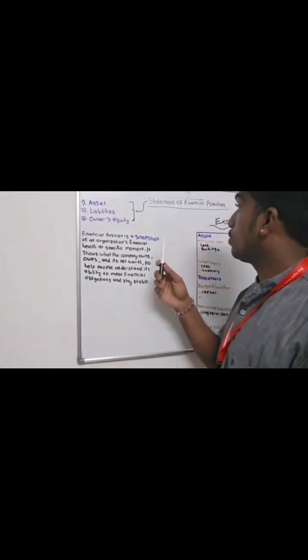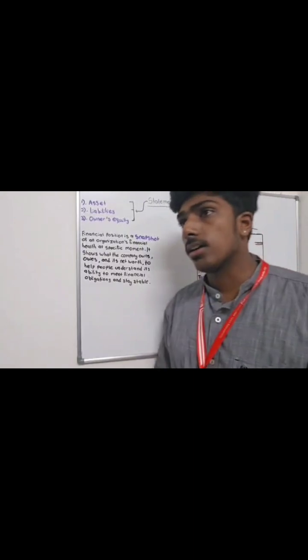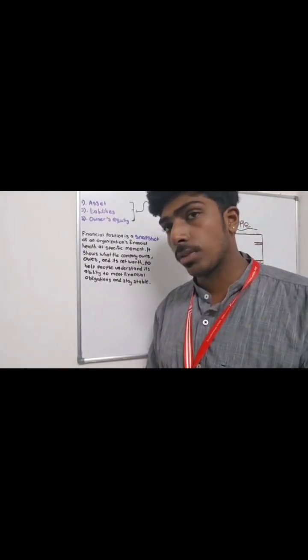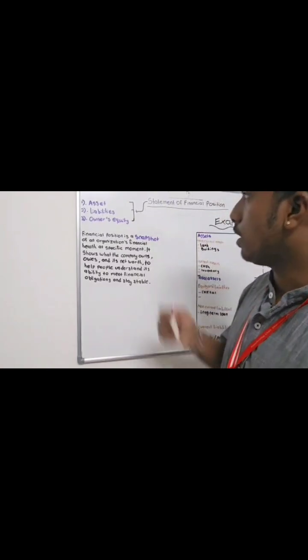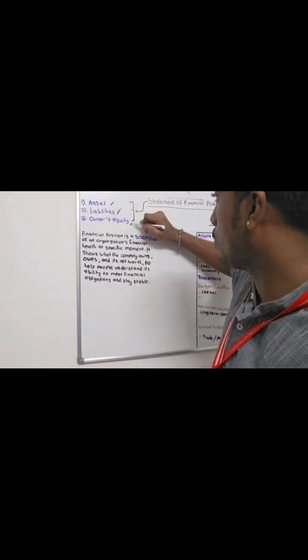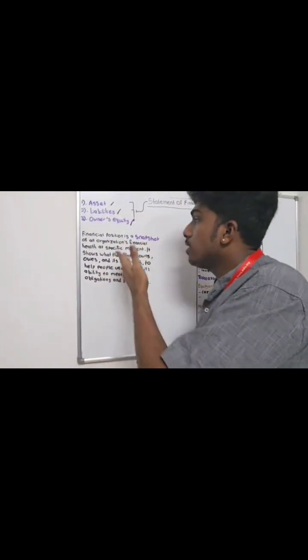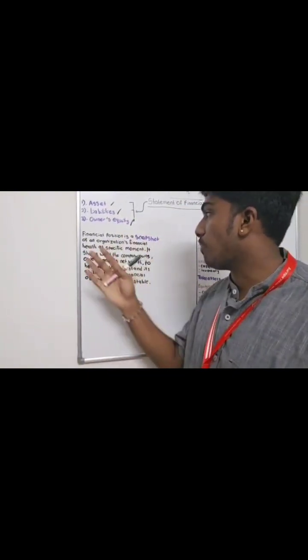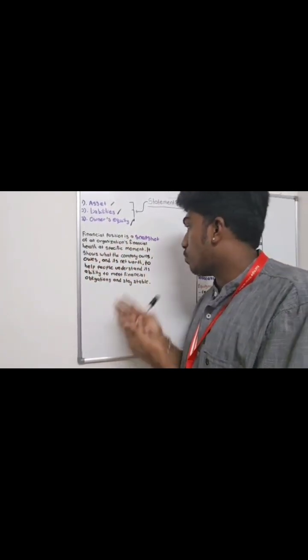Okay, here we go. This is the statement of financial position. It is divided into three sections: assets, liabilities and owner's equity. Financial position is a snapshot of an organization's financial health at a specific moment.